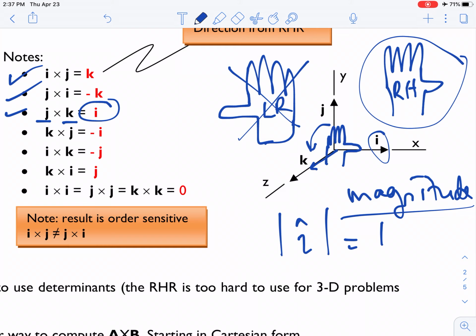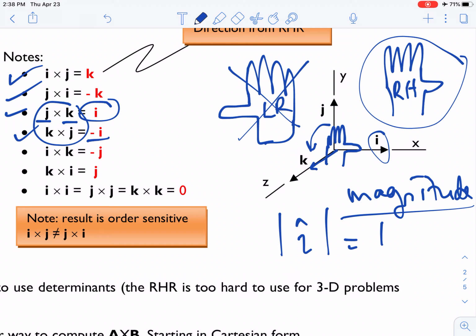Okay, so this is the third cross product on the list, and let's now check the fourth one here. k cross j hat. If you compare with the previous one, you can see that the vector is flipped. Then you're going to get a negative i hat, as you should, and that would mean you just put your thumb on the other side.